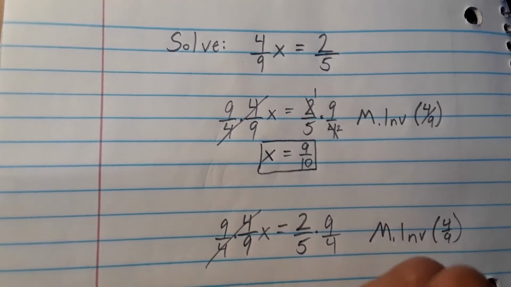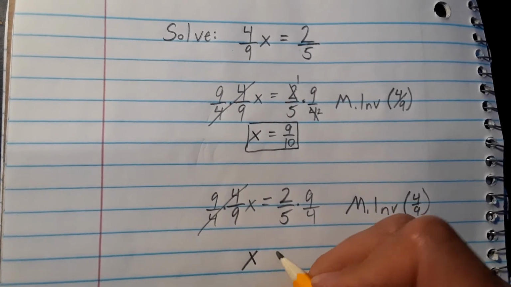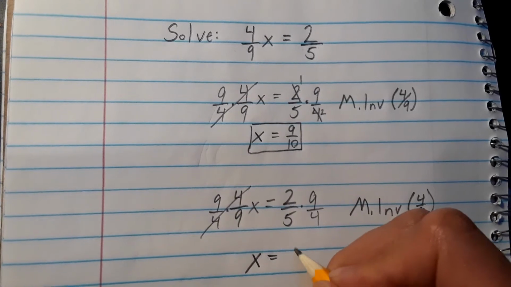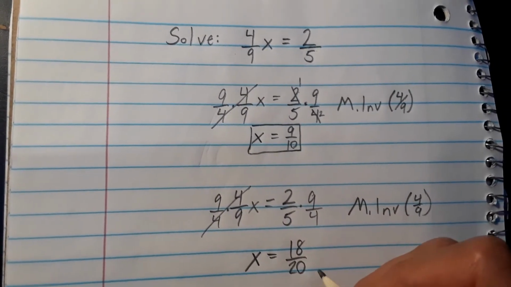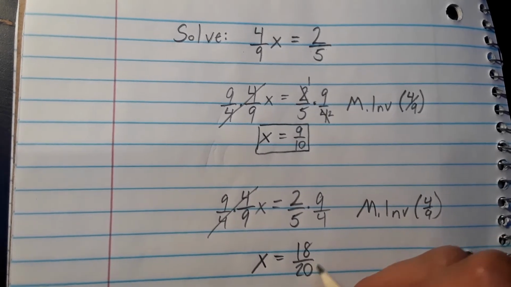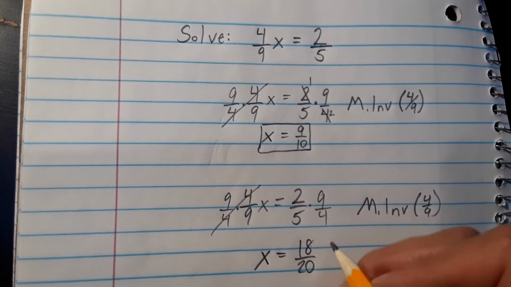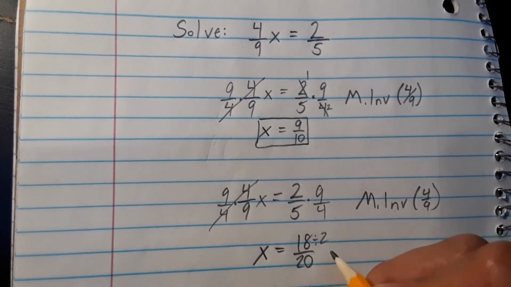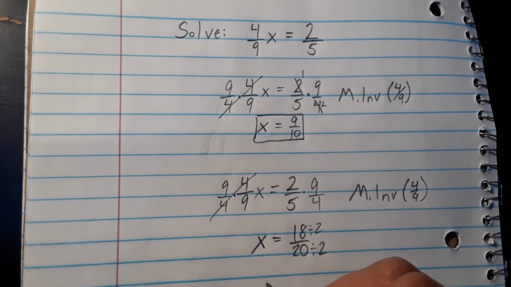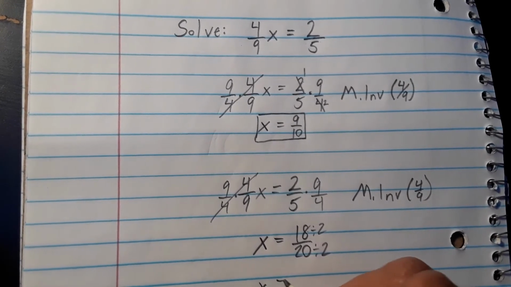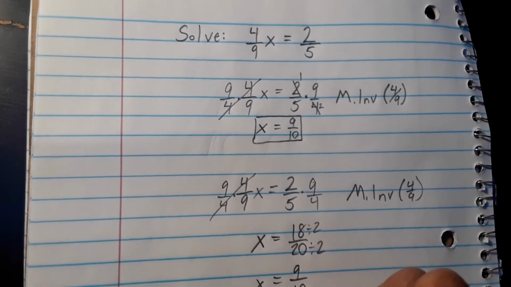That cancels over here, and we get x equals 18/20. And here we can notice 18 and 20 both have 2 as a factor. So we divide by 2 on the top, divide by 2 on the bottom, and we get x equals 9/10.